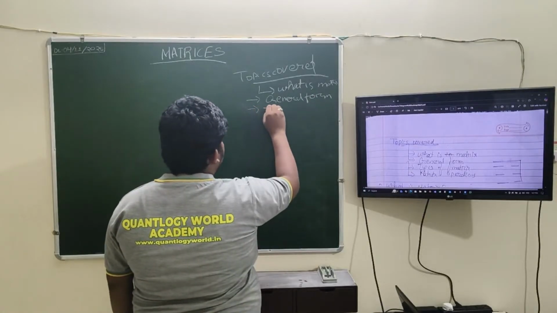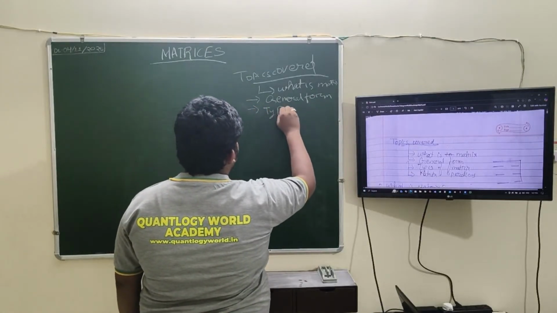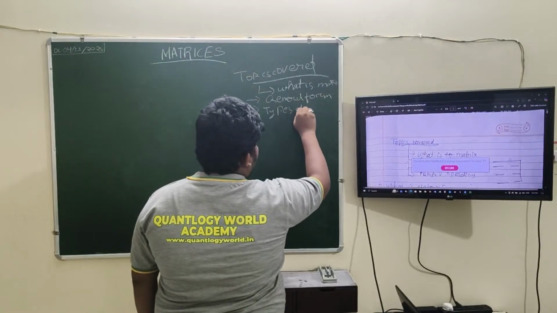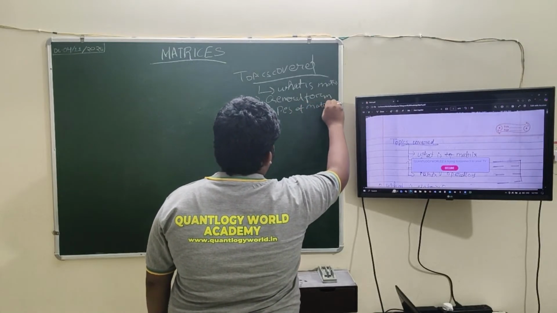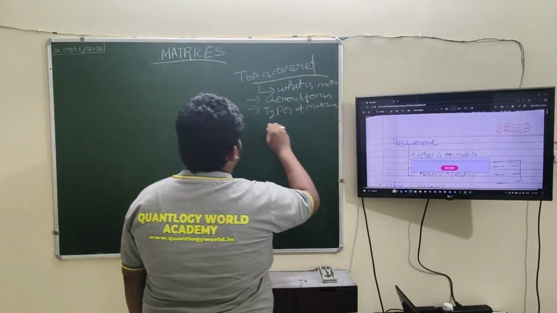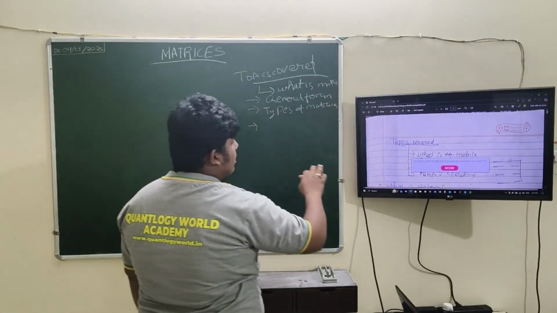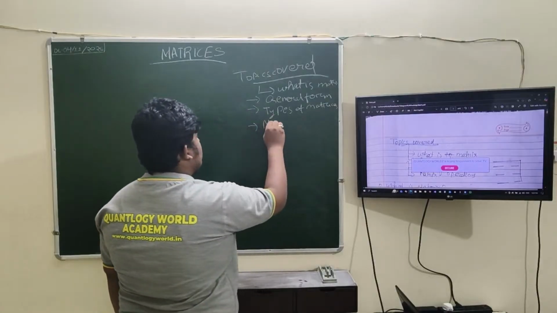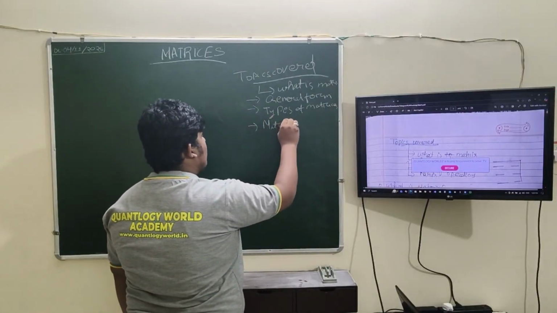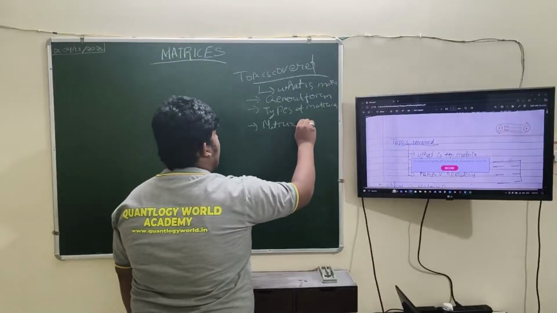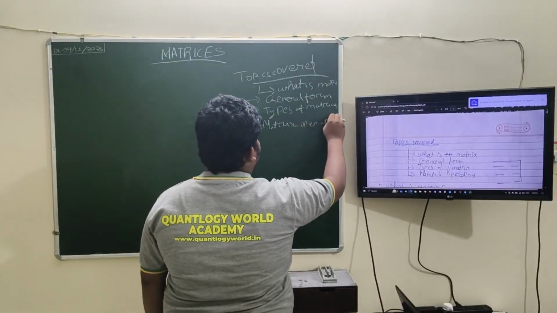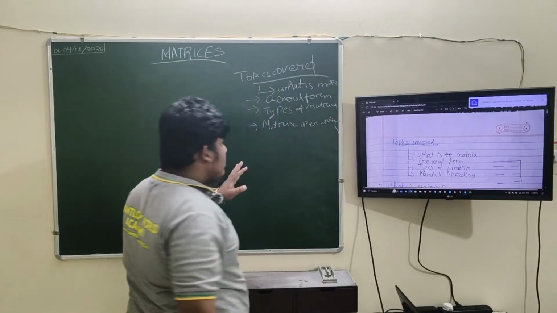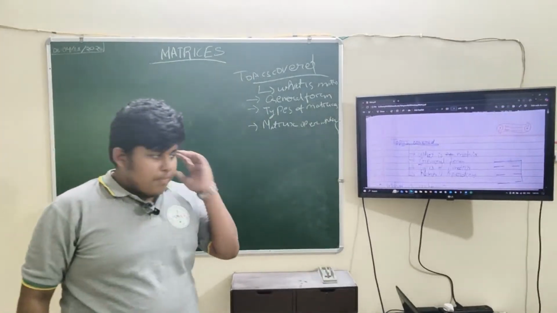The third is the most important topic of this class, types of matrices. And the last topic is matrix operations. These are the four topics we will cover in this chapter.